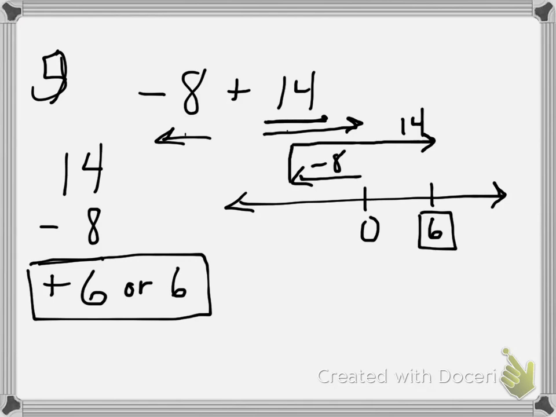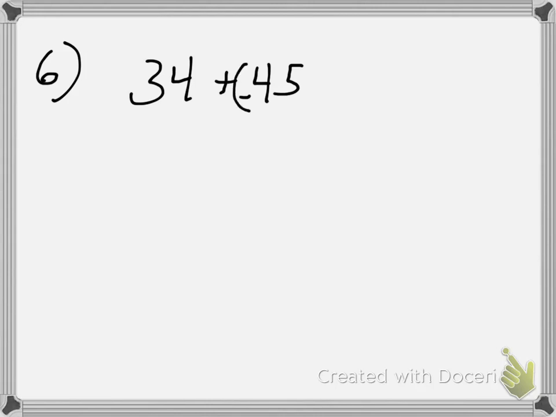You can also look at these almost like two teams when you're using integer addition. Once again, this works with addition, not subtraction. If you're working with addition, you can say the positives have more, so they win, and they're going to win by 6.